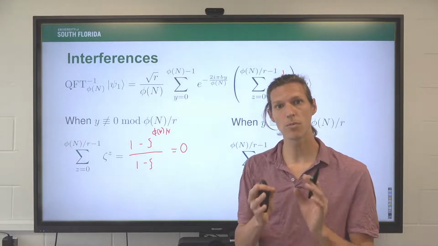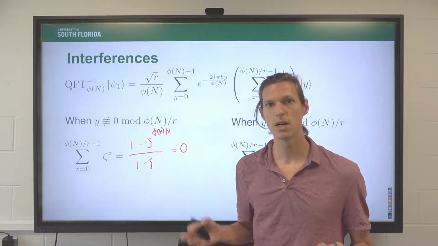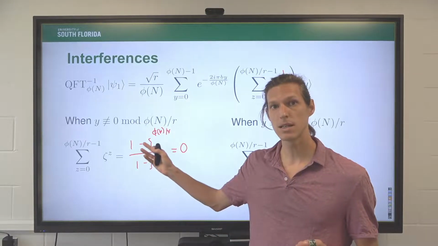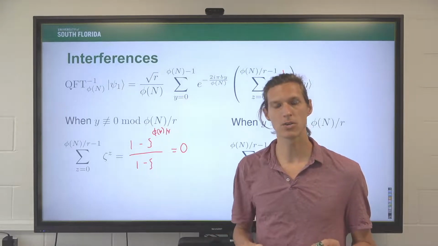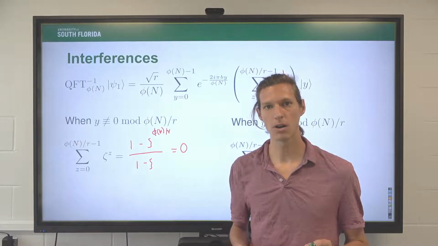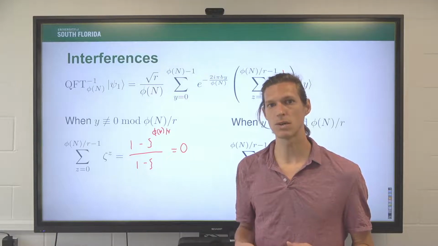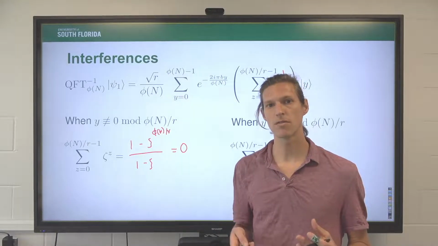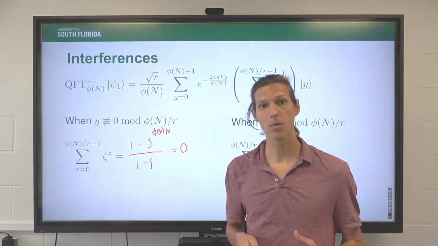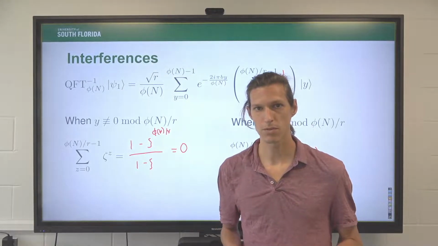But here, we're in the perfect case when we know phi of n, which again is artificial, so we have an exactly 0 probability of measuring a y not congruent to 0 mod phi of n over r. On the other hand, we maximize the probability of measuring a y that is 0 mod phi of n over r. Now in the following, we're going to see what that means in terms of solving our factoring problem.